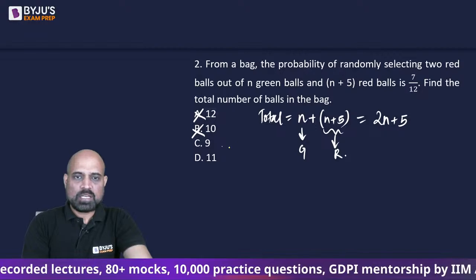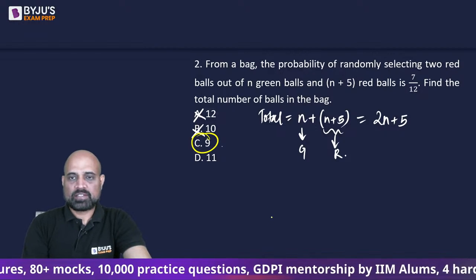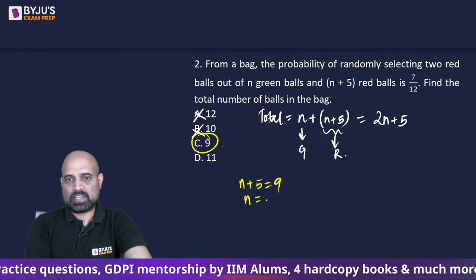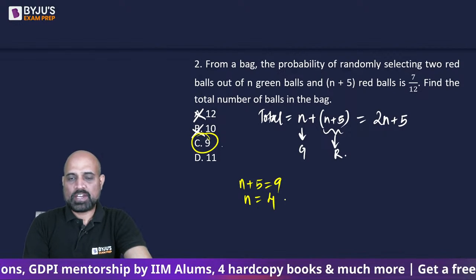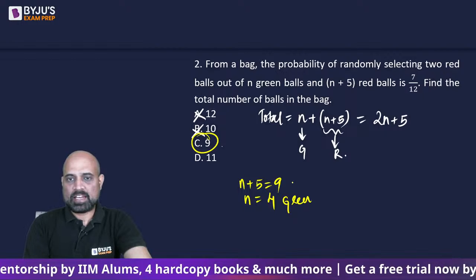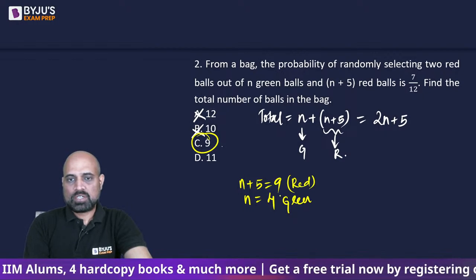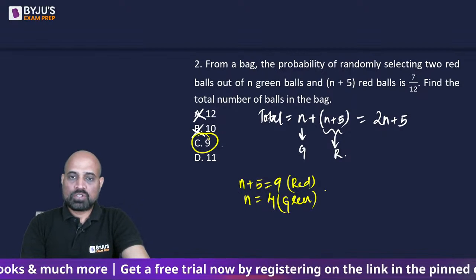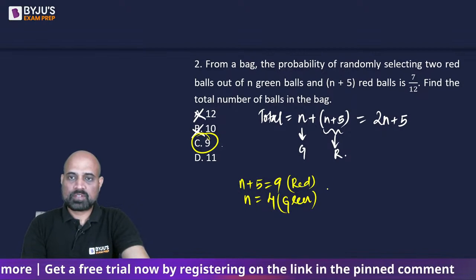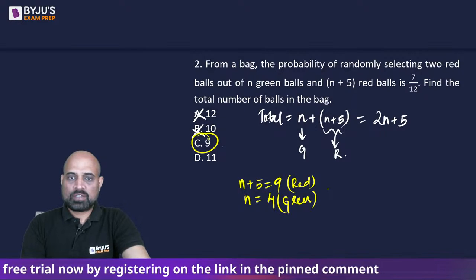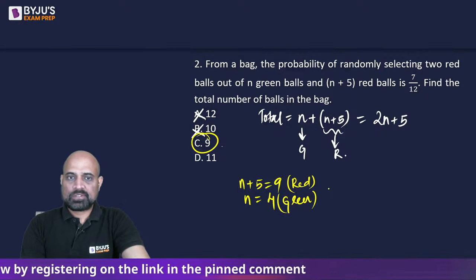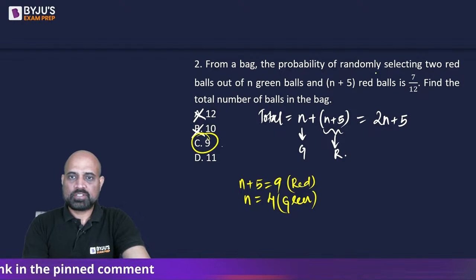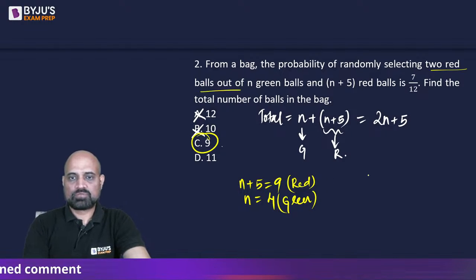Okay. Suppose there are 9 red balls in the bag. So that would mean n plus 5 is equal to 9. That would mean n is equal to 4. So we have got 4 green balls and n plus 5 red balls. Right? So we have to find out 2 red balls.